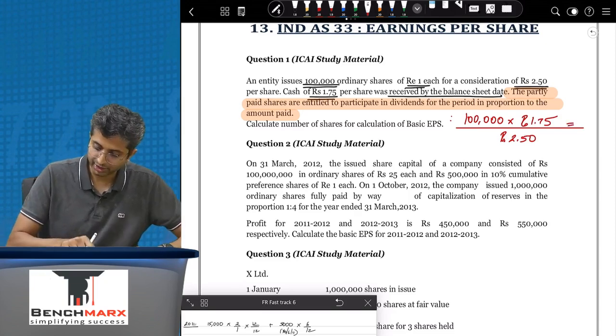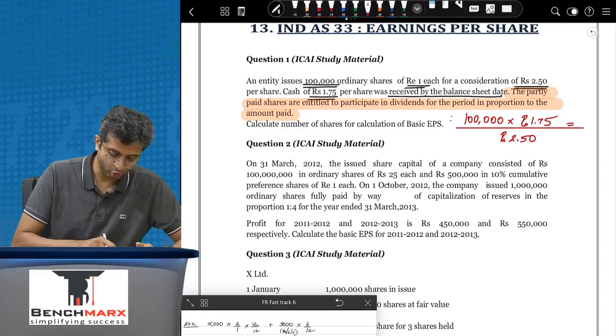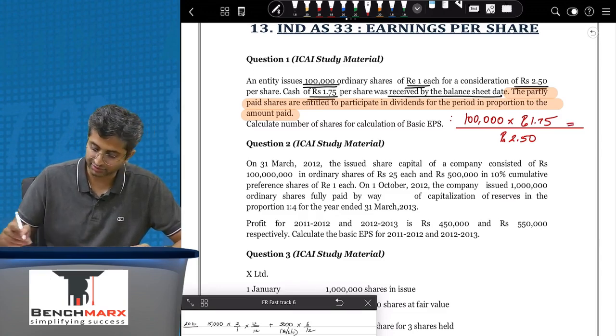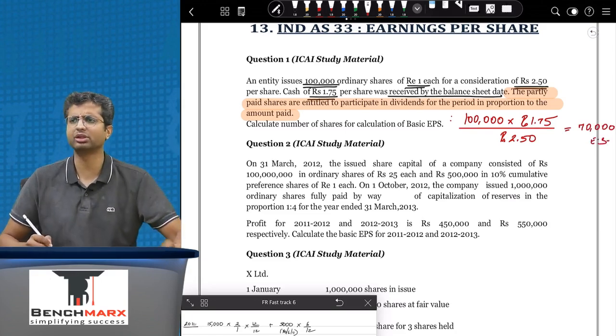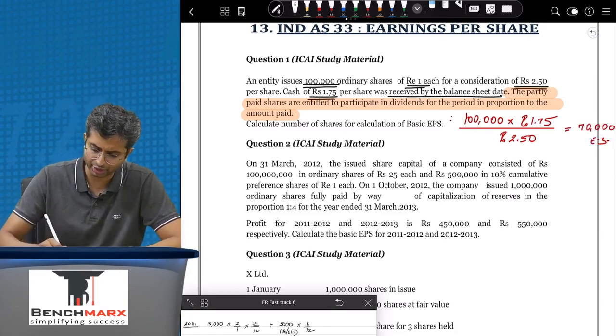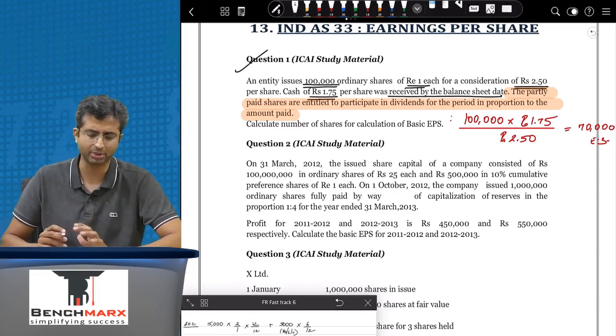So this would be 1 lakh into 1.75 upon 2.5, which is 70,000. So these are 70,000 equivalent fully paid up equity shares which will be taken in your basic EPS calculation. That is question number 1.